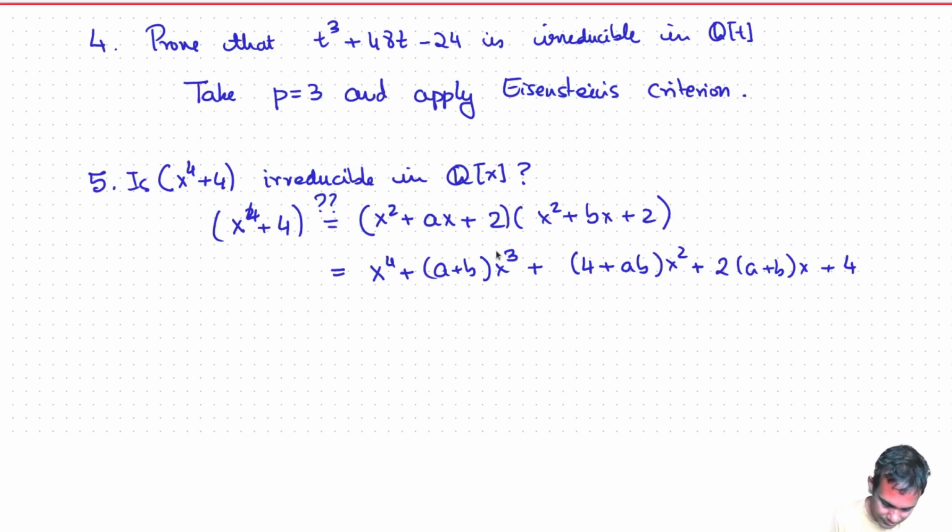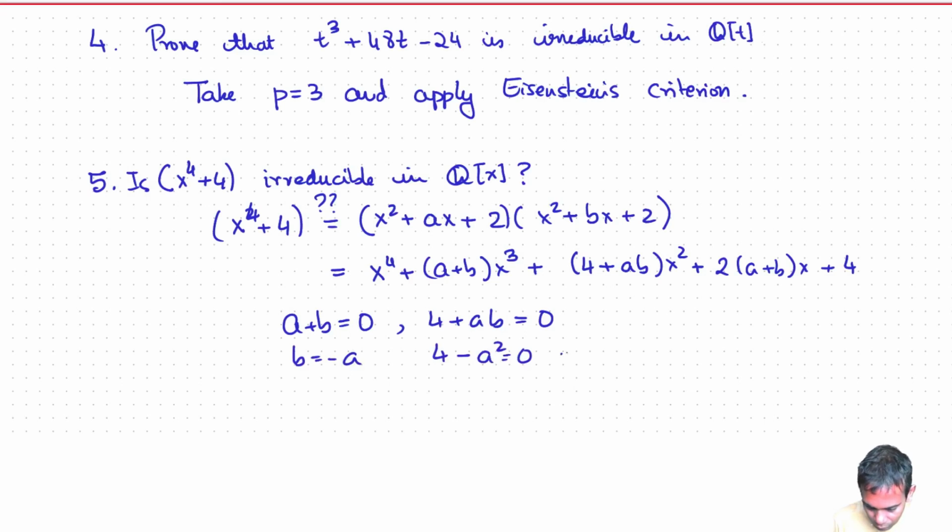So what we must have is that a plus b is equal to 0 and 4 plus ab is equal to 0. This means that b is equal to minus a, which means that 4 minus a squared equals 0, which implies that a equals 2, b equals minus 2. So we have a factorization.